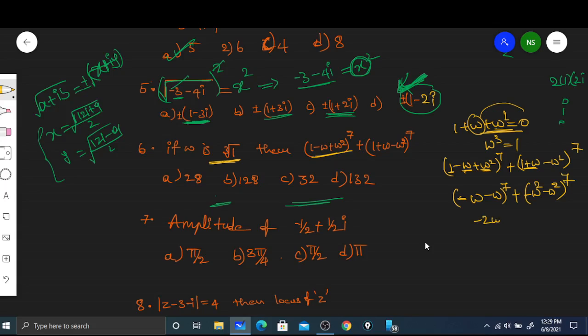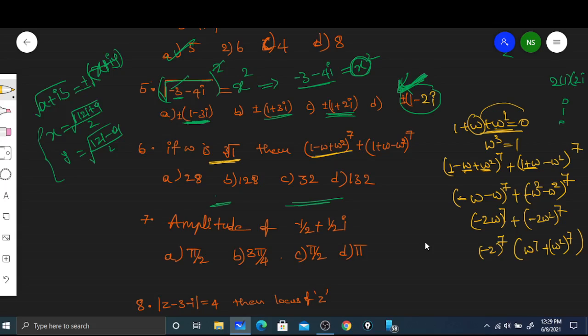That is minus 2 omega whole power 7 plus minus 2 omega square whole power 7. From both I can take minus 2 whole power 7 outside. Here I will be left with omega power 7, and here omega square whole power 7.